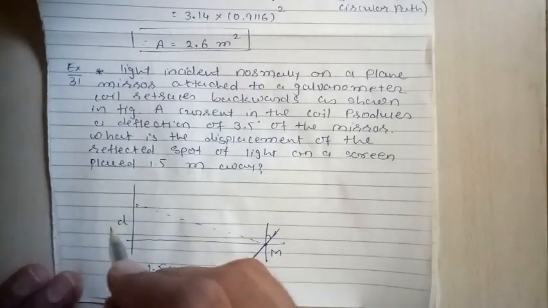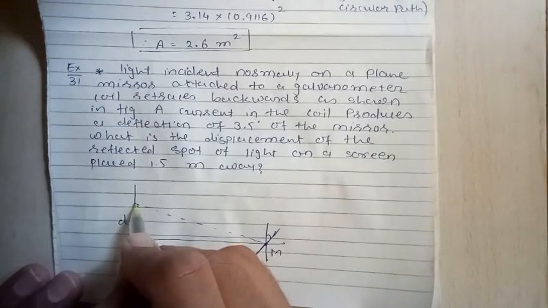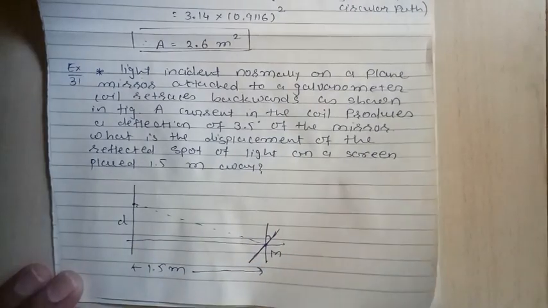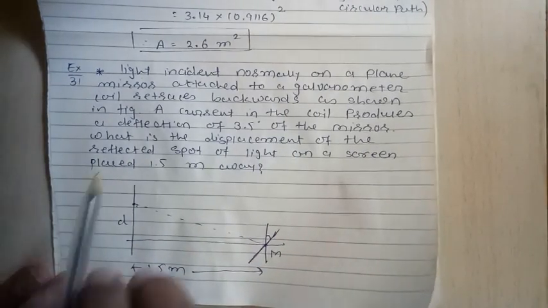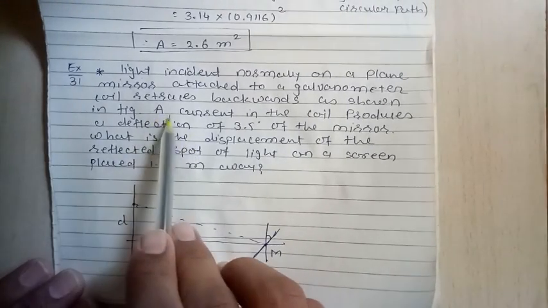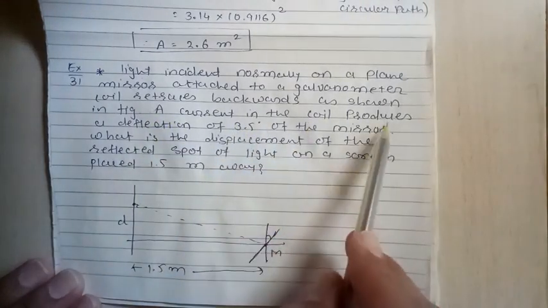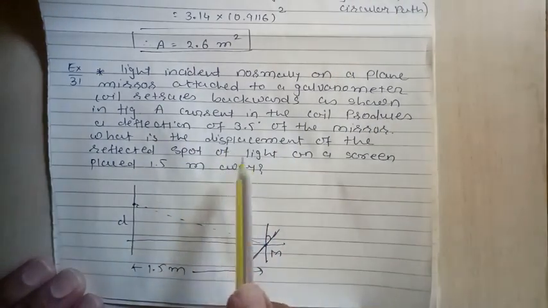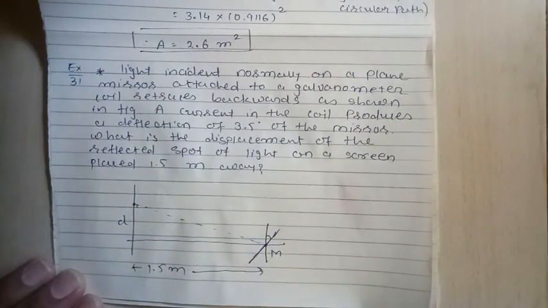This point is the deflection. So here, friends, a current in a coil produces a deflection of 3.5 degree. We rotate the mirror.